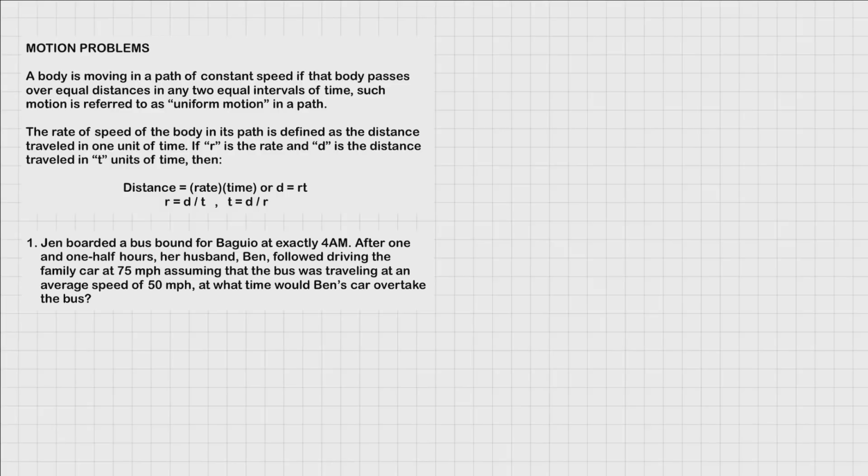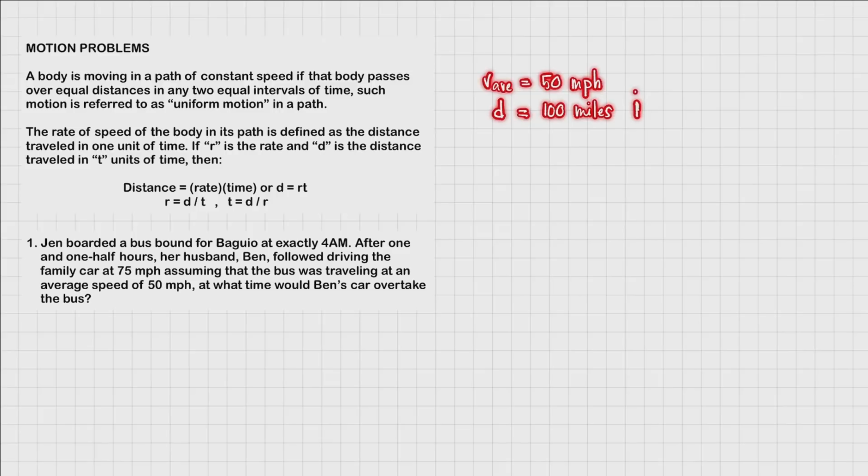A body is moving in a path of constant speed if that body passes over equal distances in any two equal intervals of time. Such motion is referred to as uniform motion in a path. For example, if you have a V average of 50 miles per hour, your distance traveled for 2 hours would be 100 miles, right?